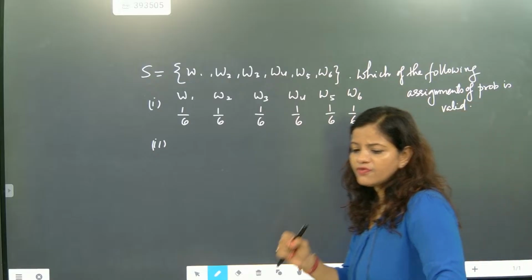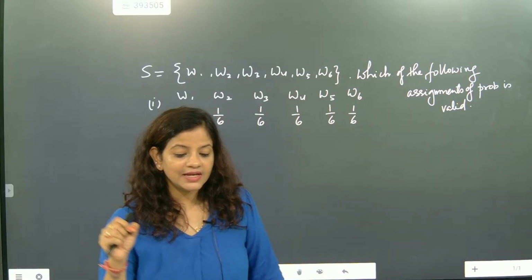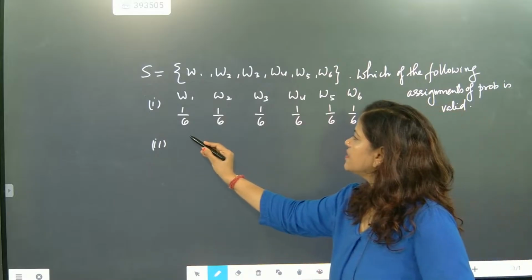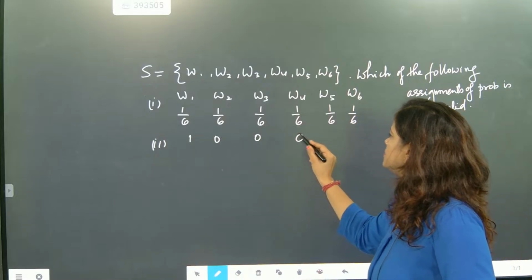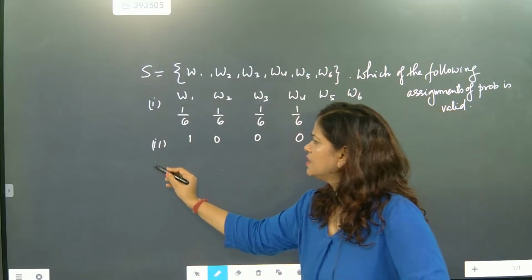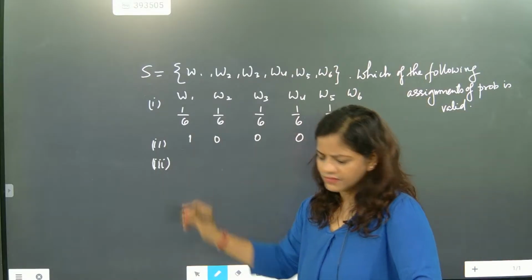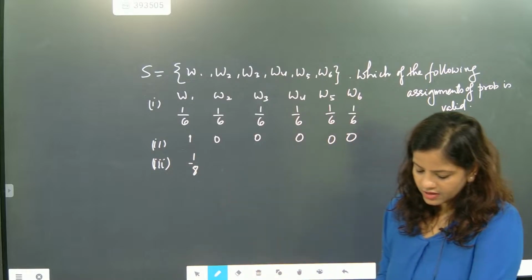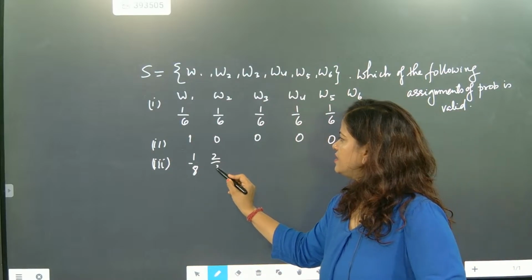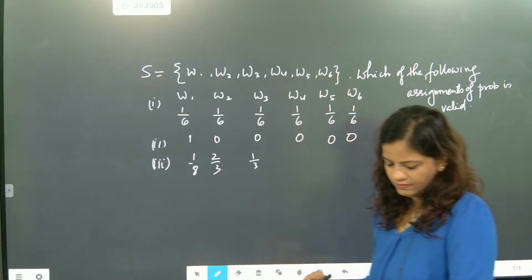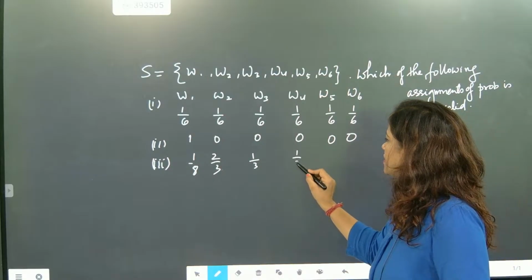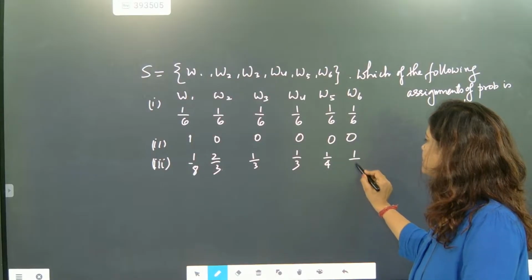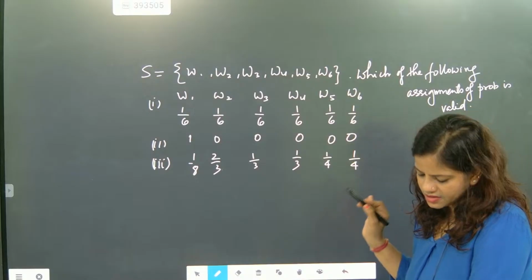Okay, so which of the following assignments of probability is valid? Valid means which is correct. Here it is given 1, 0, 0, 0, 0, 0. Second one, check. Third one given to you is 1/8, 2/3, 1/3, 1/3, 1/4 and 1/4.